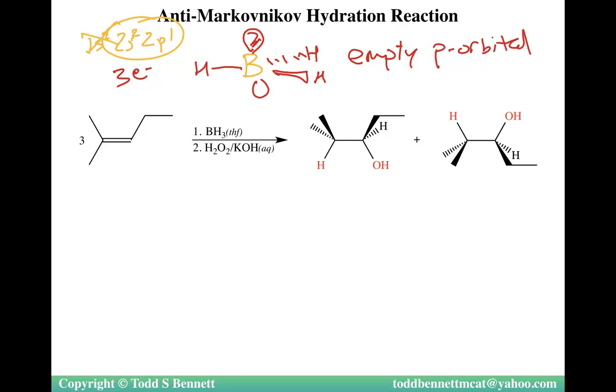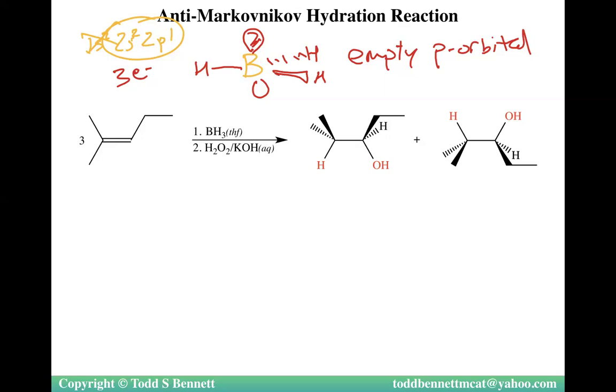Empty p orbitals can receive electron density, so this double bond can donate its electron density to the empty p orbital, and in doing so, make a coordinated bond to boron, just like we saw with the previous mercuration, oxymercuration.